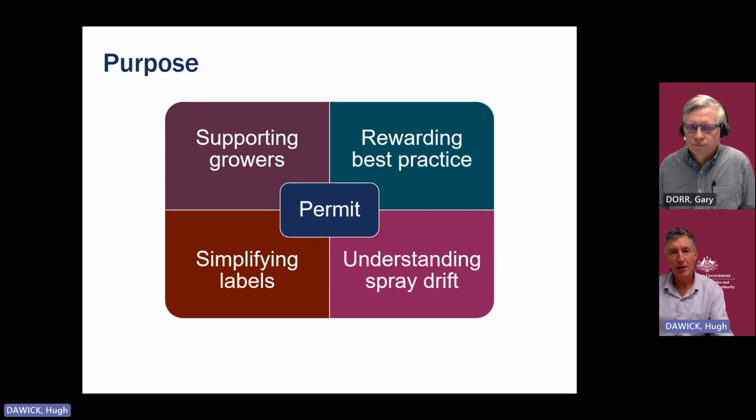So you'll pretty quickly see, as Gary's illustrated, that the interaction of those variables can have a significant effect on the size of the buffer zone. It would also, we hope, lead to a better understanding of the influences on spray drift and the choices you make, and ultimately it will simplify the product labels.